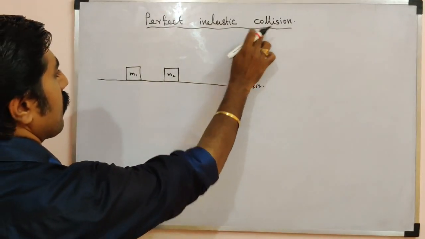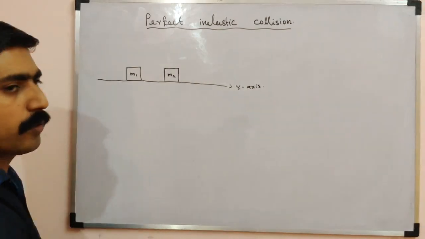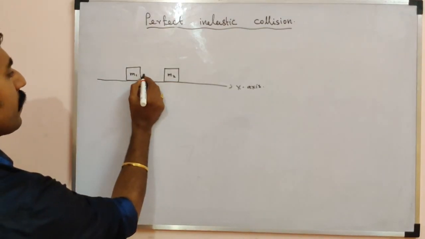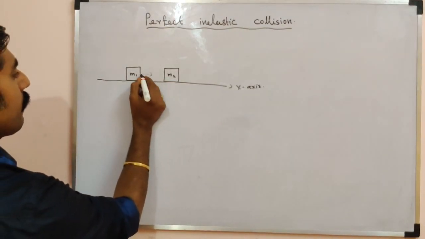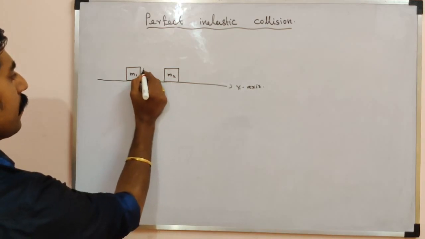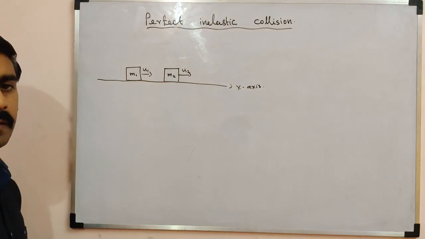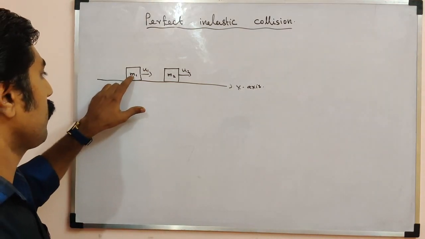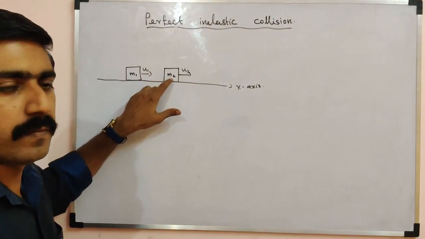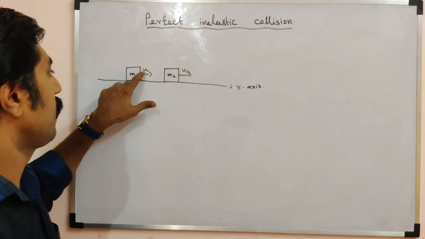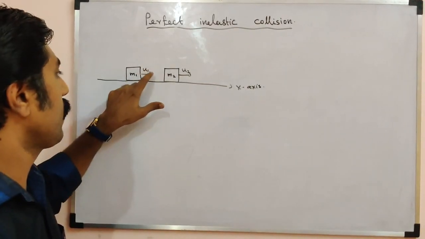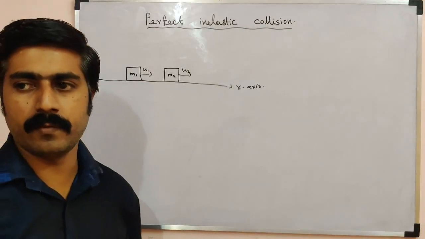So here, first, both the objects are moving with different initial velocities, right? The first one has mass m1 and the second one m2, moving with the initial velocities u1 and u2 respectively.